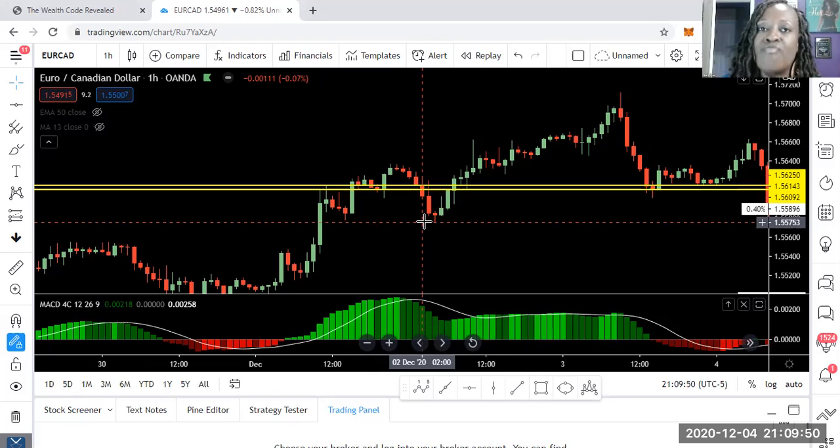You cannot be razzled and frazzled over price going in the opposite direction. That's why you have a stop loss, so that you can protect your account and you get to control how much you're willing to lose on this trade in order to gain what you are potentially going to gain. Okay, that's all you can do.